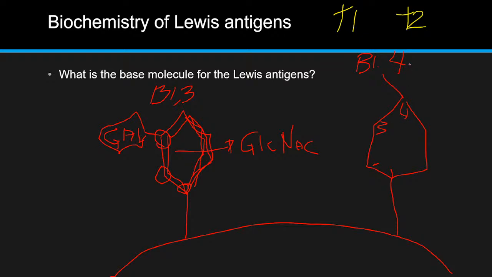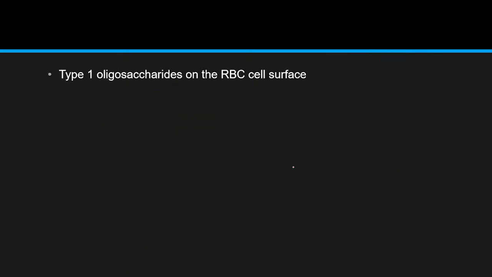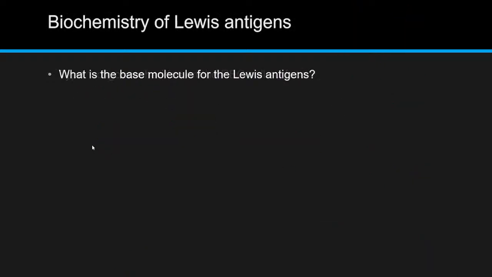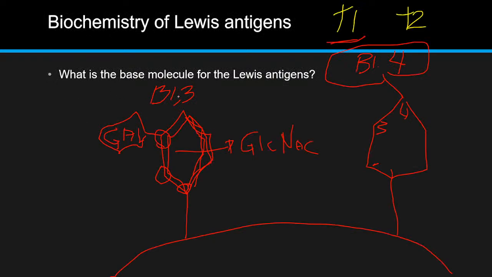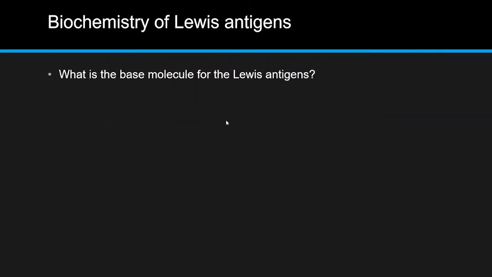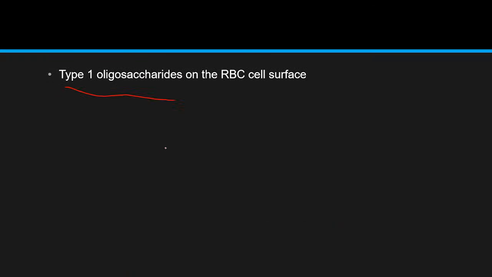Beta 1,4 linkage of galactose. So the one that is used by Lewis antigens is type 1. It's the type 1 oligosaccharide. That's the answer to this question: what is the base molecule for the Lewis antigens? This is the type 1 molecule.